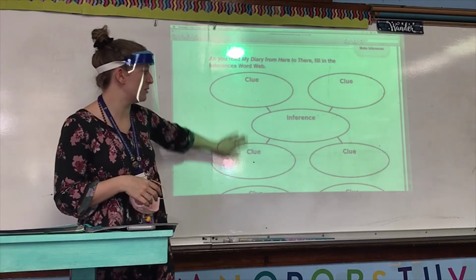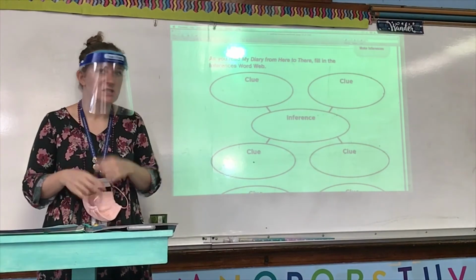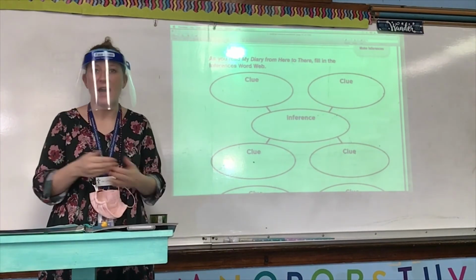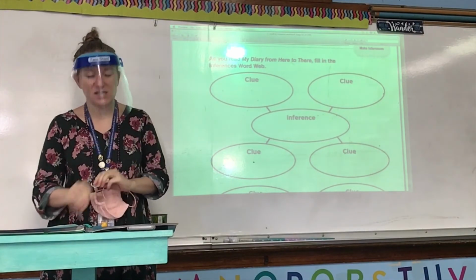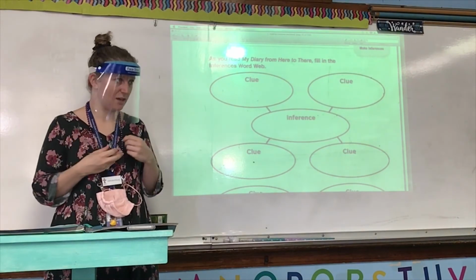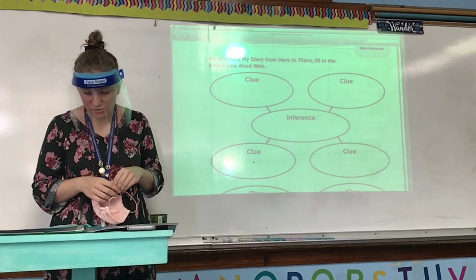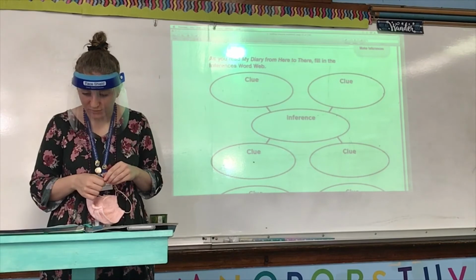We're going to find clues that lead us to the answer to this question. So anytime you make an inference, you are answering a question. As you're reading, you need to come up with those questions yourself. This one is by the book, so it's an example of the kind of question you would ask yourself to make an inference. Based on Amada's journal entries, what do you think she is feeling about the move?